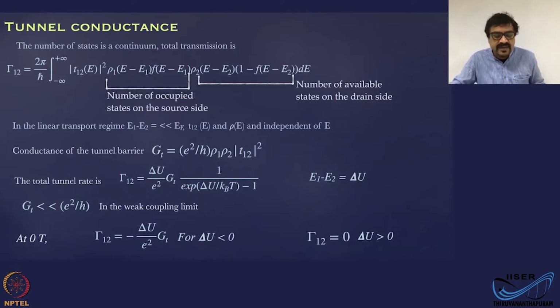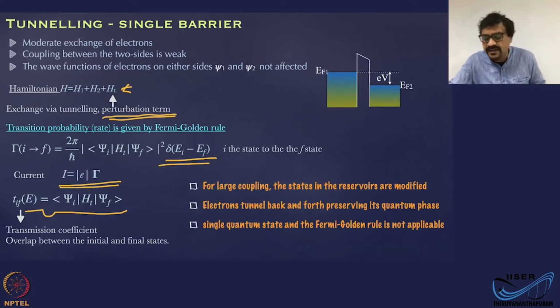Now let's calculate the total tunnel rate from the source side to the drain side. Okay. So we can assume that the states on the source side are a continuum. There are a lot of states in a continuous manner. Okay, and there are a lot of states available on the drain side also in a continuous manner.